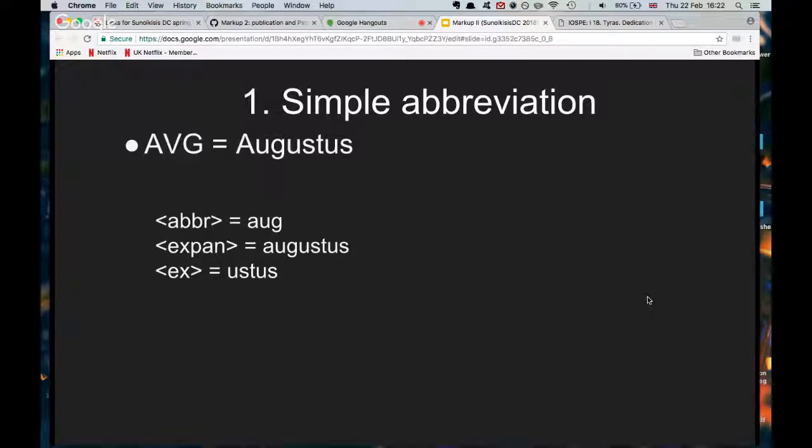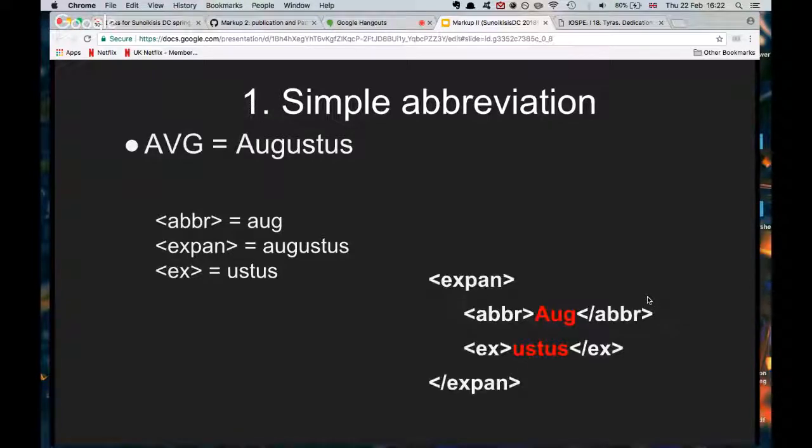We use 3 elements: abbr for abbreviation, expan for expansion, and ex for expanded text. So what we do is surround the entire word with the expan tag. Then the abbreviation, which is AUG, goes into the abbr tag, and the expansion that we contribute to that word goes into the ex.